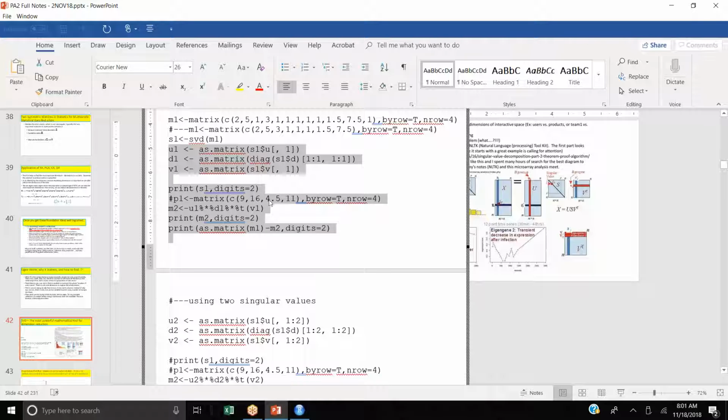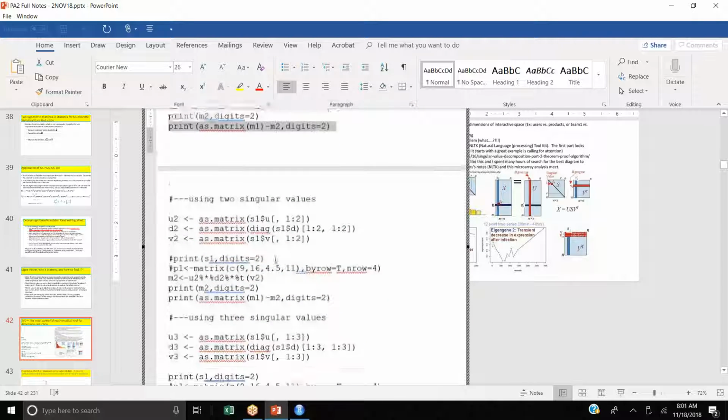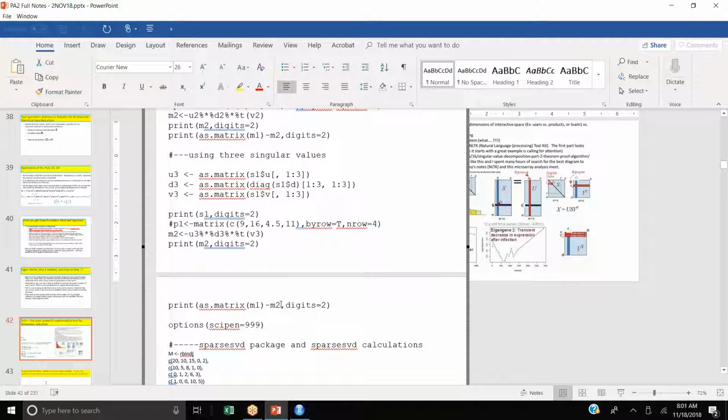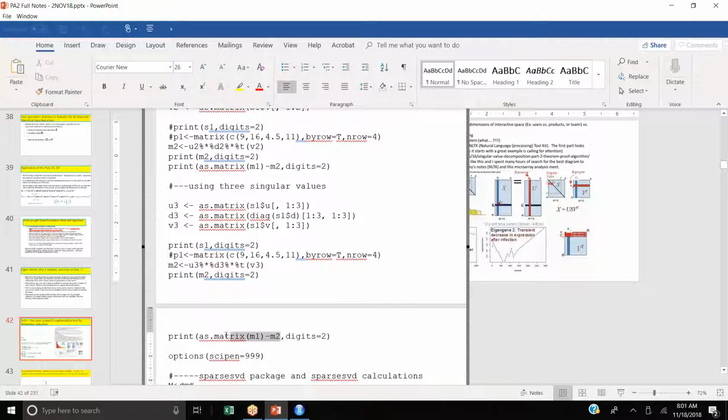Why are we subtracting, sir? Good question. Why am I doing this? That is my ultimate aim, to show you at every stage that I am more and more becoming closer to the original data. What is the original data here in this one? M1. What is the retrieved matrix? M2, exactly. So I want to see the difference. Is it a good purpose?